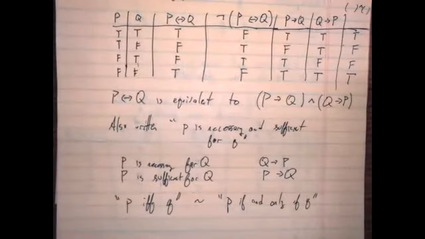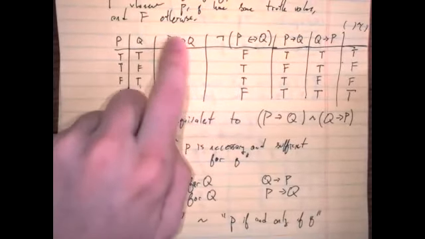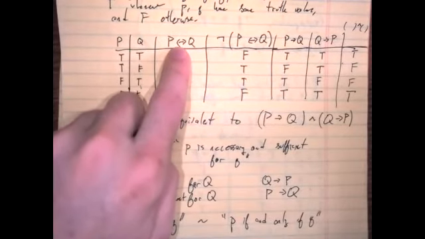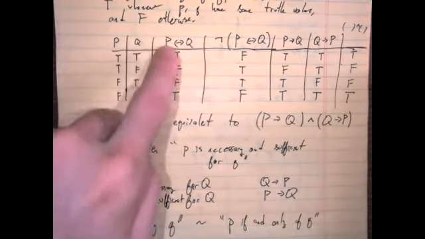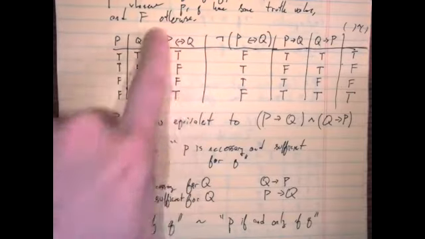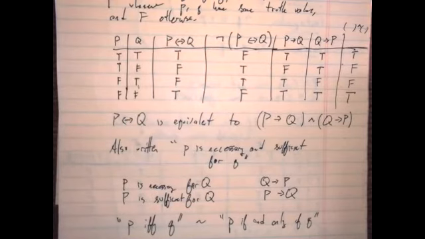The second thing is that we have tried to link these symbols to statements in our language such that it makes sense to translate back and forth from a symbol like this to a statement in language, like horses fly if and only if lizards have feathers, and then try to understand whether or not this is a true or false statement based on whether the constituent pieces are true or false.